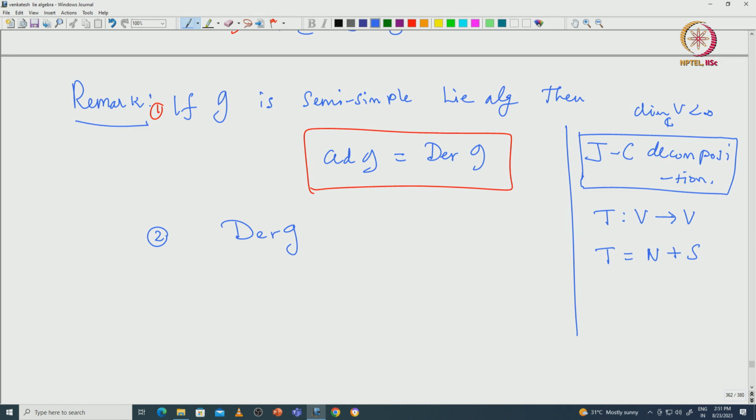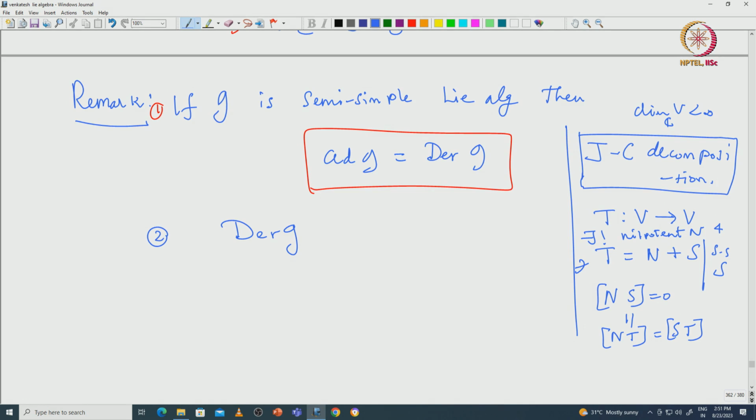For example, this n and s are unique. So, there exist unique nilpotent n and semi simple s such that T equals n plus s, and n, s commute as well as n, T commute and s, T commute.